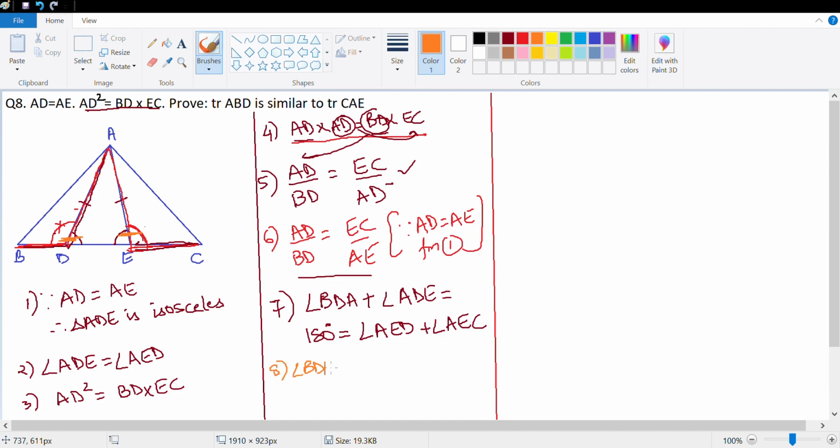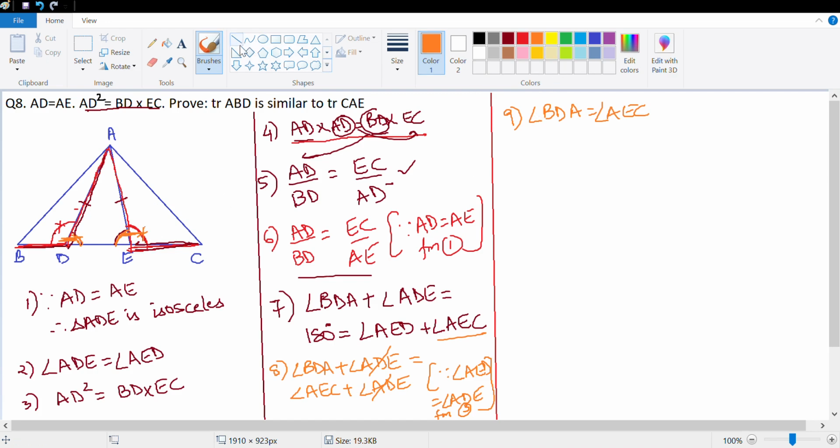Angle BDA plus angle ADE is equal to angle AEC plus angle AED, and I know angle AED and angle ADE are equal, which we proved in point number 3. So both sides ADE and AED get cancelled, which means angle BDA is equal to angle AEC. So basically these two angles are equal.